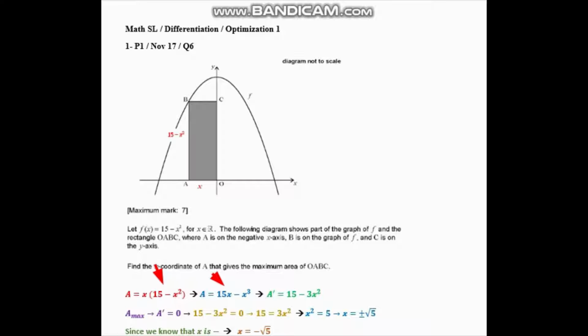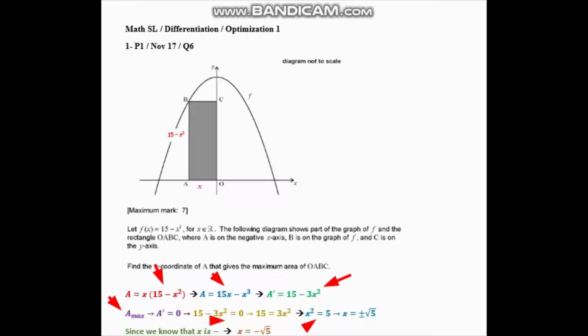Then I've differentiated the area to get an equation for A dash. Now, if I want to get the maximum value of A, as we said, I shall set A dash to 0. Hence, the green equation is set to 0 and the values of x are obtained.